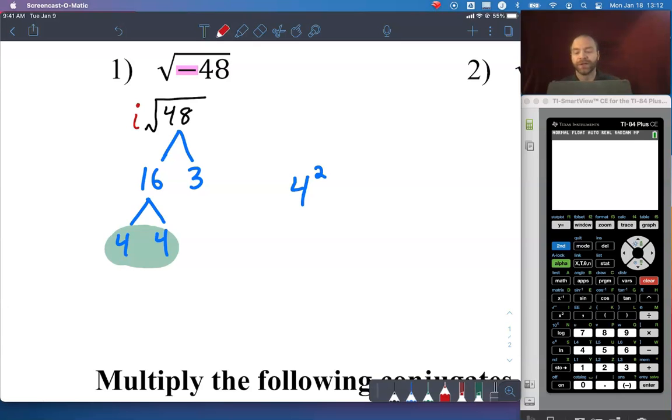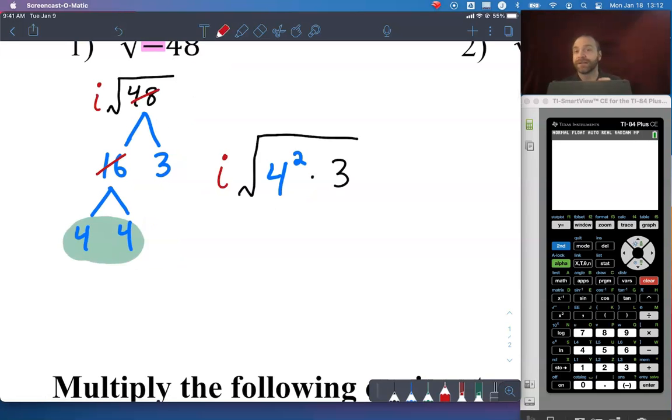Now I no longer have the 16, and I no longer have the 48, because I broke those down. But I still have that 3. So my radical is really this: I still on the outside, square root of 4 squared times 3. Now this is where we look for a grouping of 2 with squares, because the square and the square root are going to cancel.